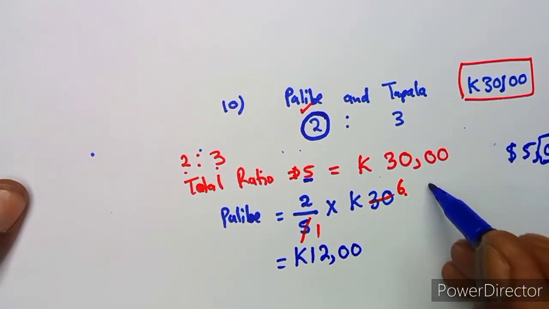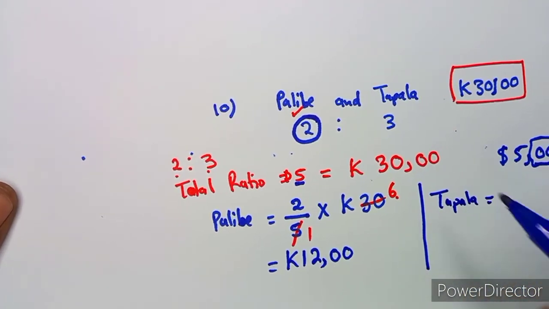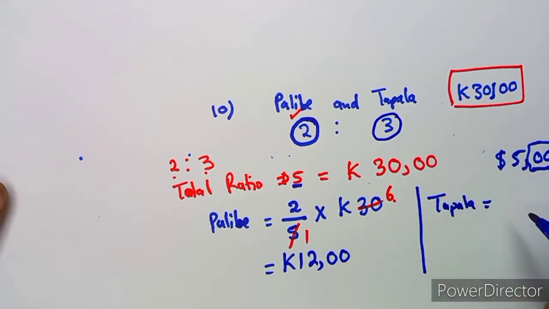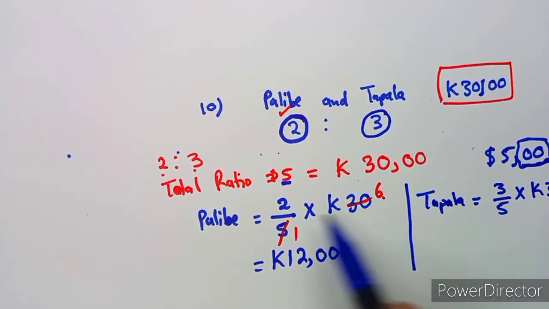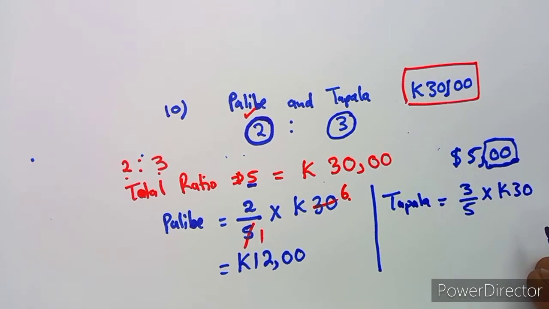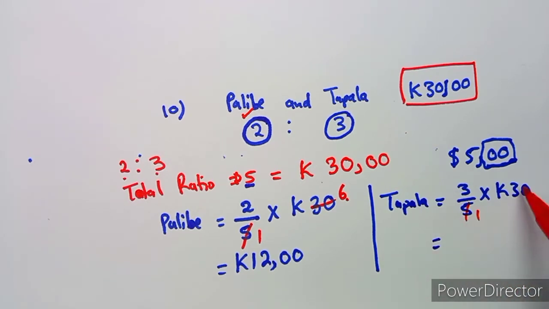All right, that's Paliwe. And what about Tapala? According to the ratio, he has 3. So it's 3 multiplied by the total amount they shared, which is 30 kwacha, over the total. Multiplying these is the same thing we did here. 5 and 5, that's 1. Here is a 6.